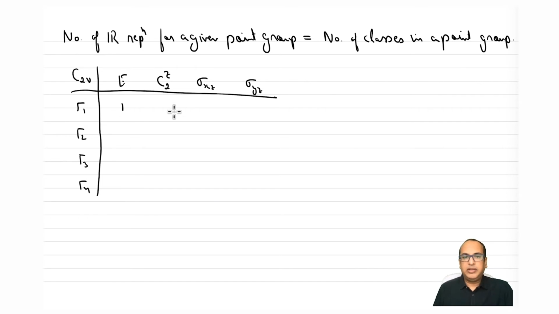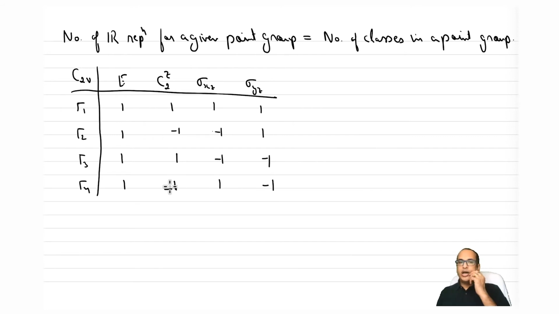And then we have seen earlier that you can have these ones as your representations. Let's not worry about what the basis set is in this, but it will be either XYZ or RX, RY, RZ, or one of these. Basically, you have -1, 1, -1, right? And then you can also arbitrarily write down for this particular point group.